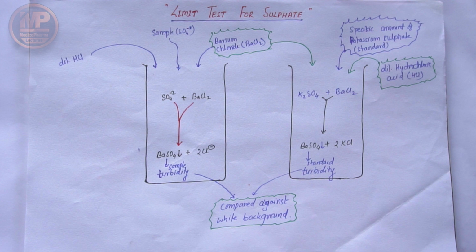To summarize, the limit test for sulfate is based upon the reaction between soluble sulfate ion and barium chloride in the presence of dilute hydrochloric acid to produce barium sulfate turbidity. The sample turbidity is compared with a standard turbidity produced by a specific amount of potassium sulfate standard under the same reaction conditions.